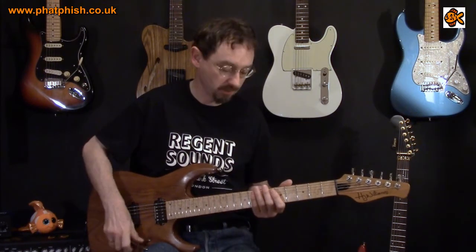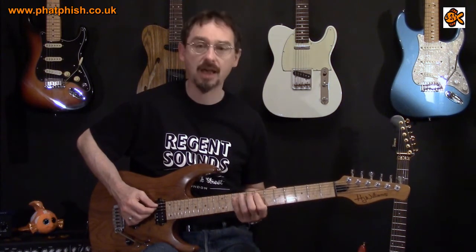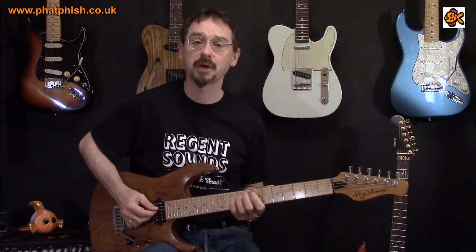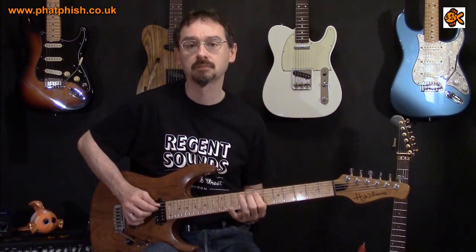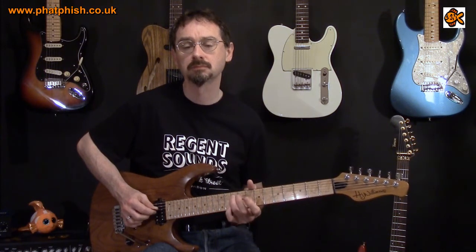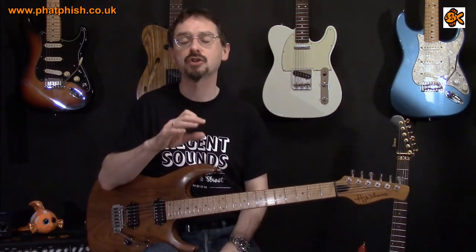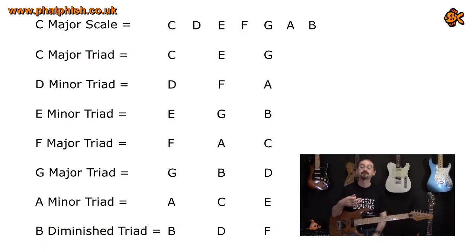So in the video about triads we were working with the C major scale, which has the notes C, D, E, F, G, A, B, and back to C. And what we did with that scale was we took each degree and built a 3-note chord on it, and we got this.